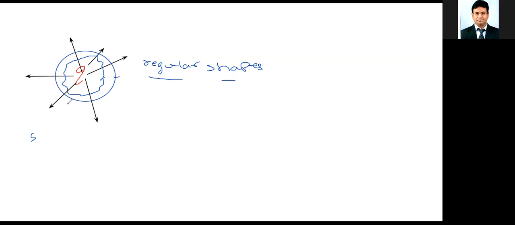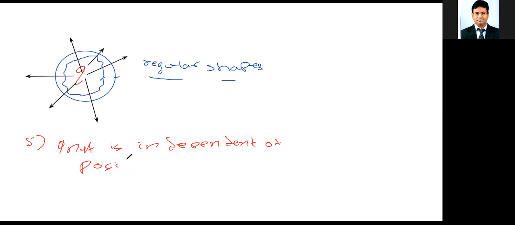The fifth important point about this is the flux is independent of the position of the charges. Net flux is independent of the position of charges.